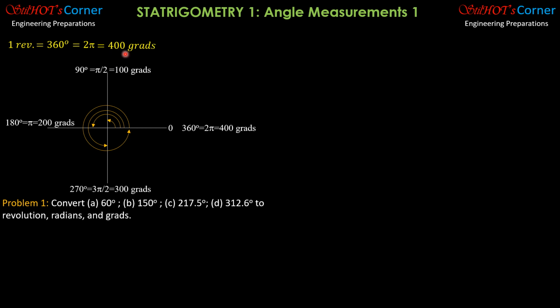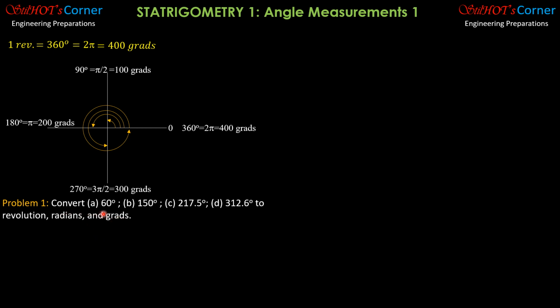By the way, the other term for grads is metric degree, in the attempt of making it a centesimal unit, 100 per quadrant. So that's the attempt. The other term for grad is metric degree.